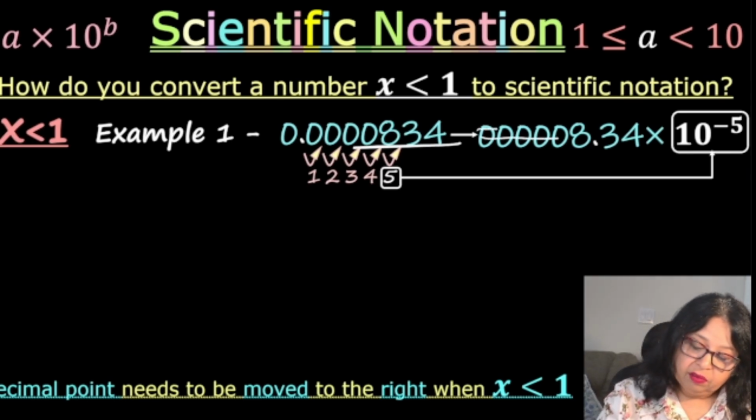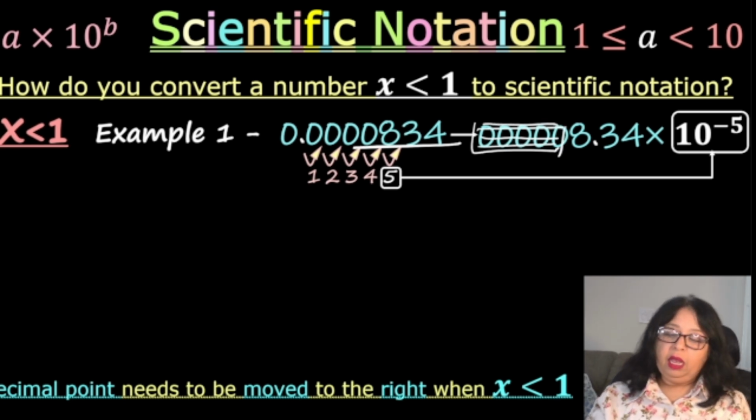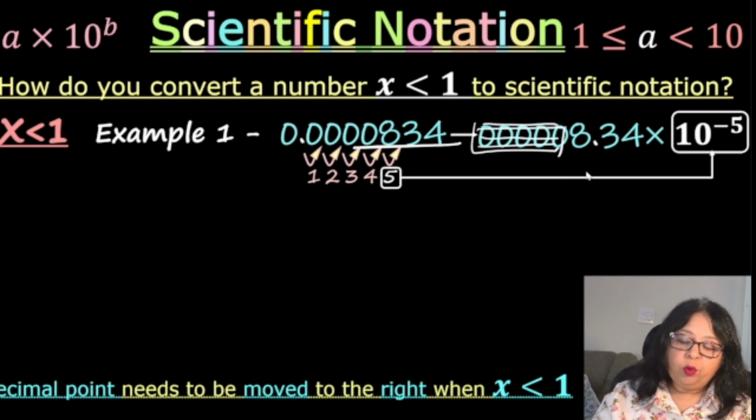All of these leading zeros do not count. And I'm going to multiply this 8.34 by 10 to the power negative 5, which is the same as dividing 8.34 by 10 to the power 5.